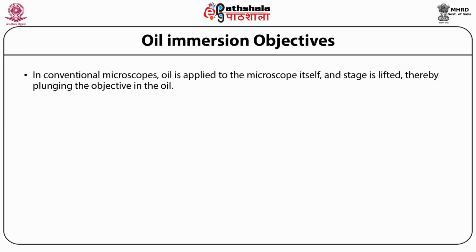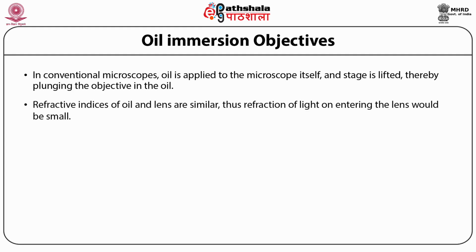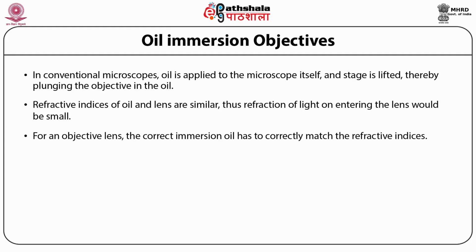In conventional microscopes, oil is applied to the specimen itself and the stage is lifted, thereby plunging the objective in the oil, whereas the oil is indirectly applied to the objective in inverted microscopes. The refractive indices of oil and lens are similar. Thus, refraction of light at the edge of the lens would be small. For an objective lens, the correct immersion oil has to match the refractive indices.